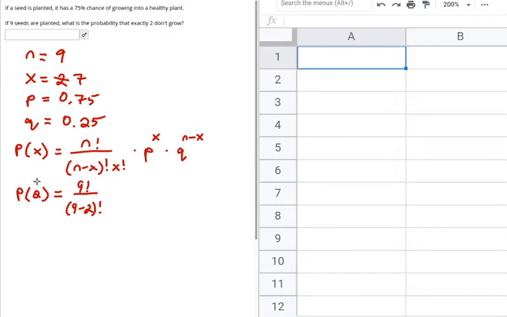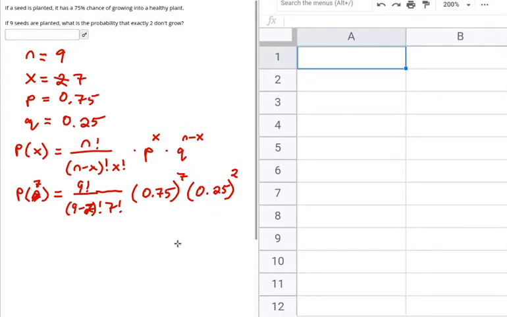Excuse me, we decided to call the number of successes 7. So I'm going to change this. So that should be 9 minus 7 factorial times 7 factorial. Now my probability of success is 0.75 to the 7 successes. And that means my probability of failure will be 0.25 to the number of failures, which is 2.